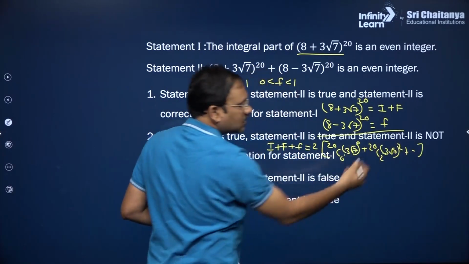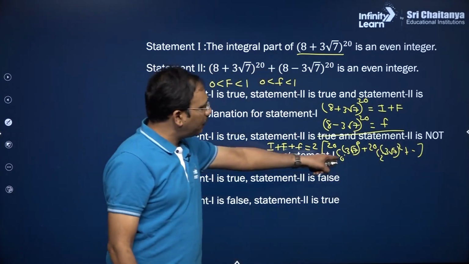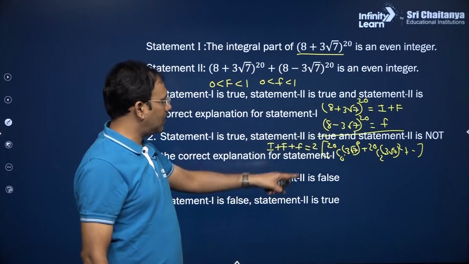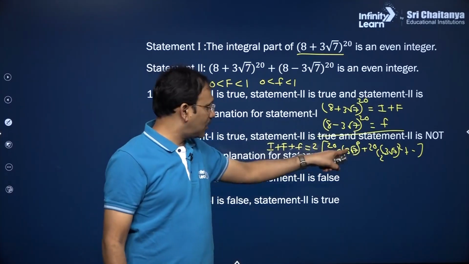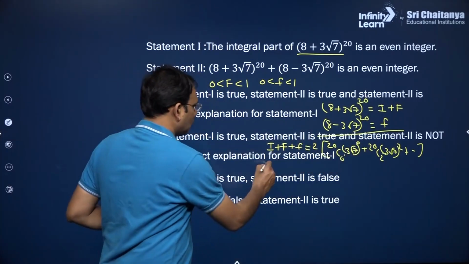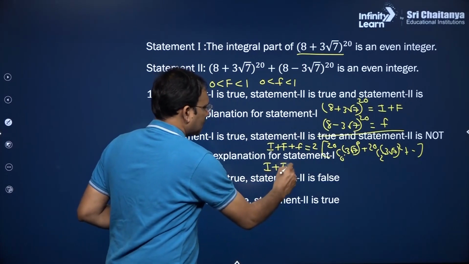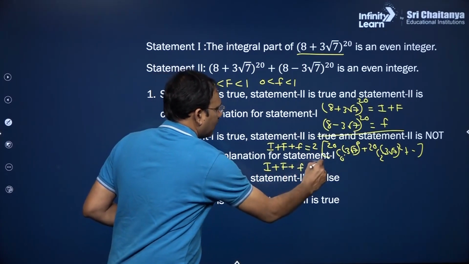All the irrational powers cancel, so you are going to get an even number here. So I plus F plus f is going to be an even integer.